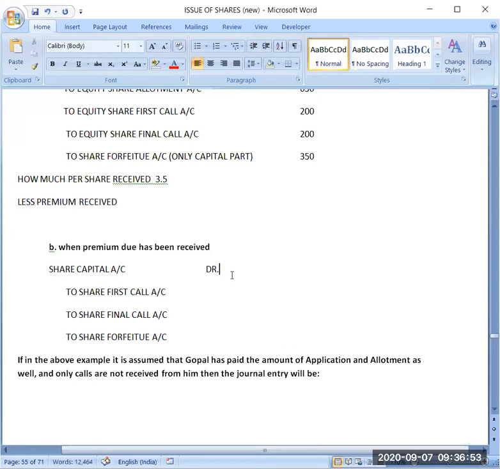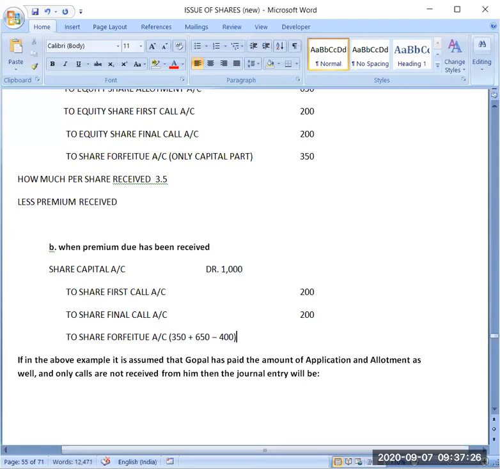Now share is fully called up, that's why the capital will be 1000. You have not received rupees 2 on first call, the amount will be 200. You have not received the final call of rupees 2 per share, the amount will be 200. And you have received what? You have received 350 plus 650. Am I right? Minus 400.